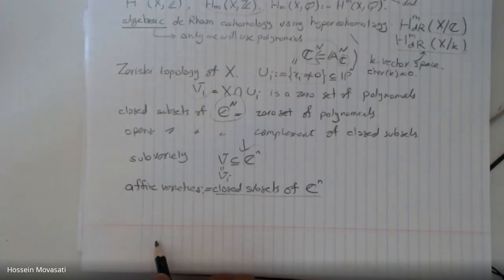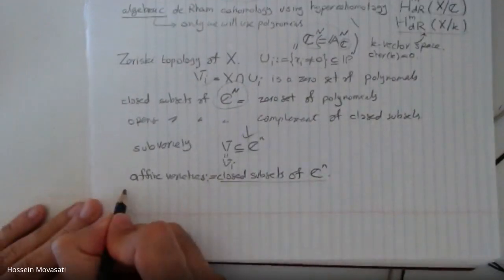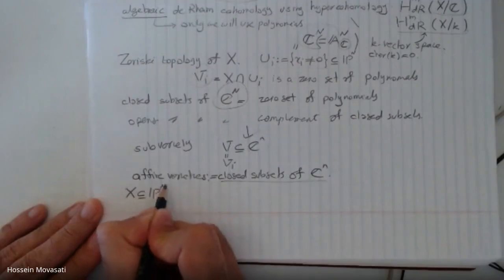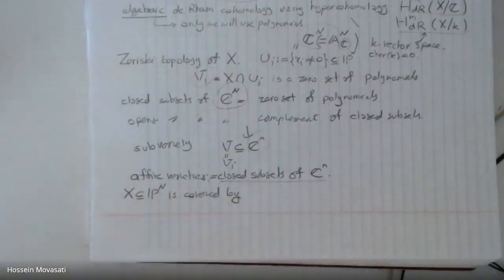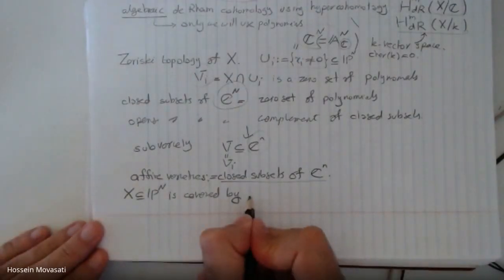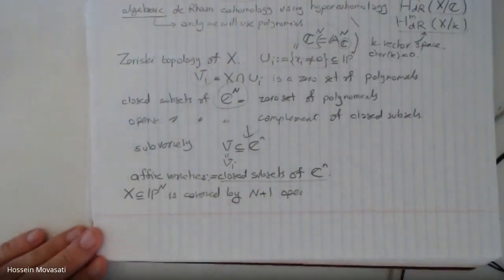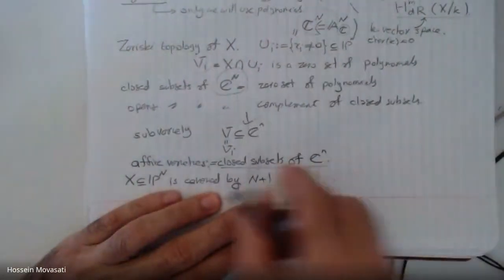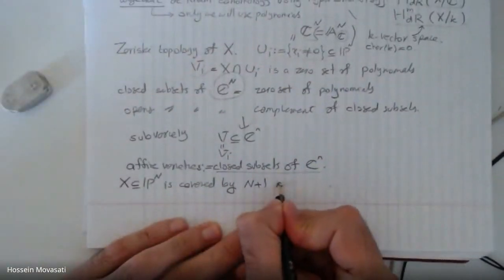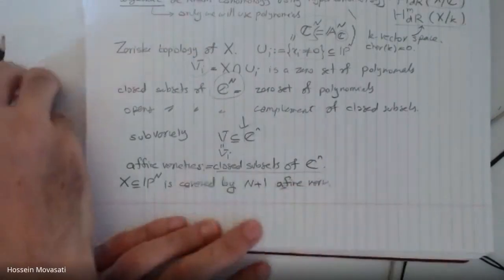And something maybe let's mention, that X, my projective variety, is covered by n plus 1 affine varieties, affine open subsets.